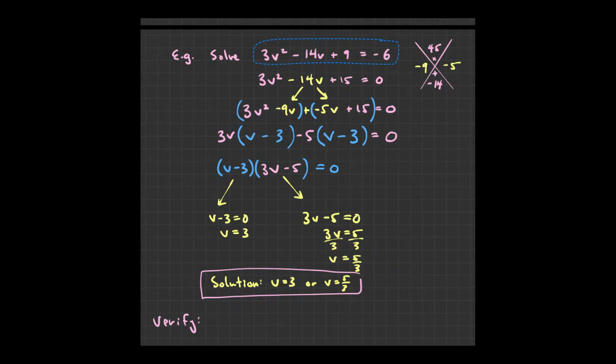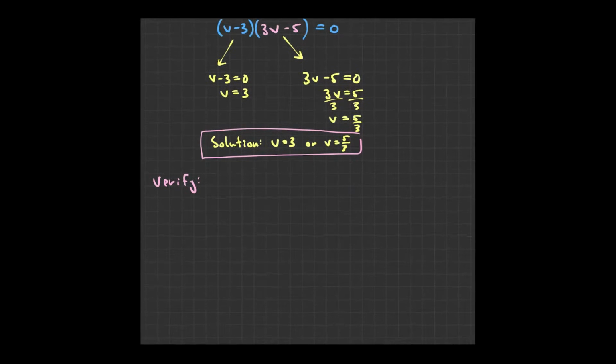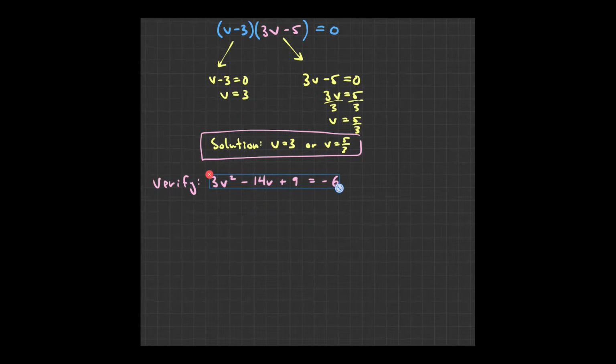I'm just going to copy and paste it, but if you're doing this with a pencil, you'll have to write it down again. So we'll just paste that there. And we are going to check that both the solutions that we got, when v is equal to 3 and when v is equal to 5/3, give us a solution that is correct. So in other words, that the equation holds true.